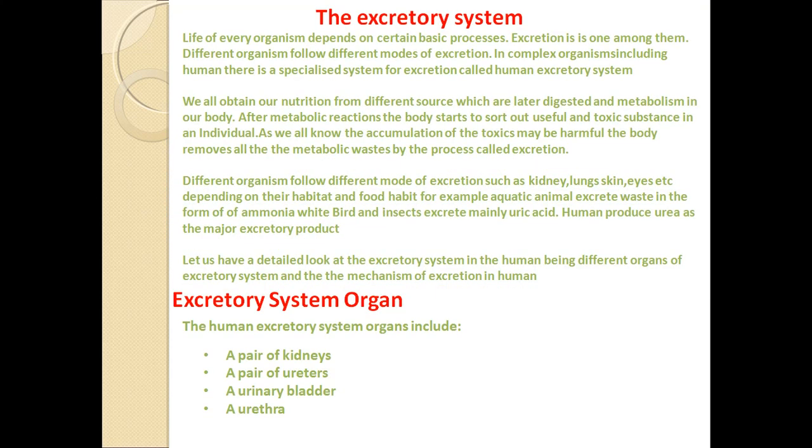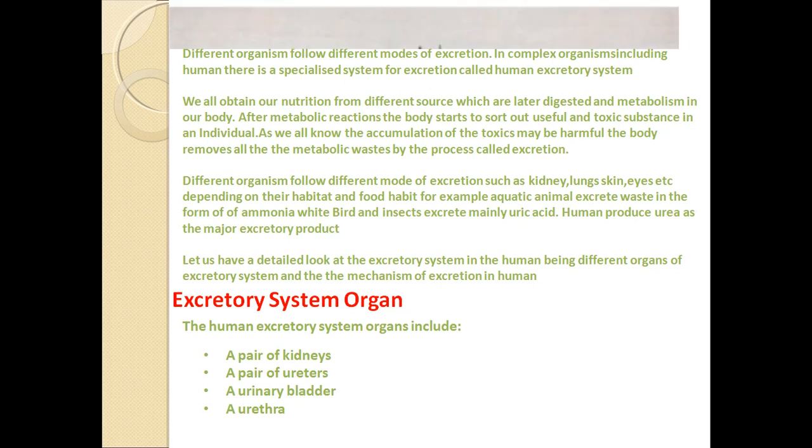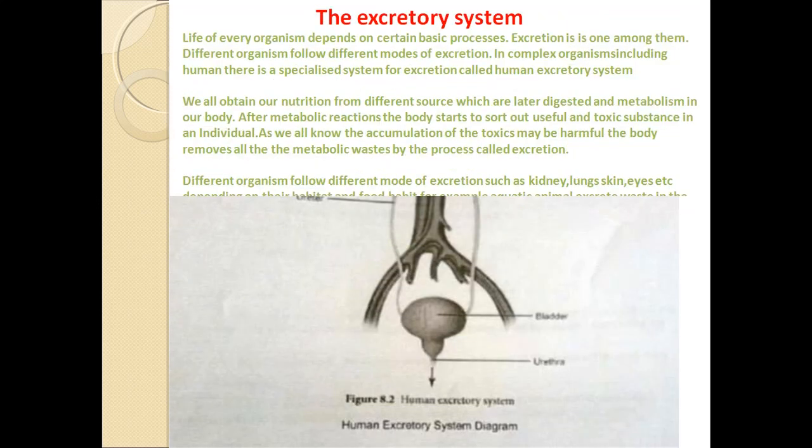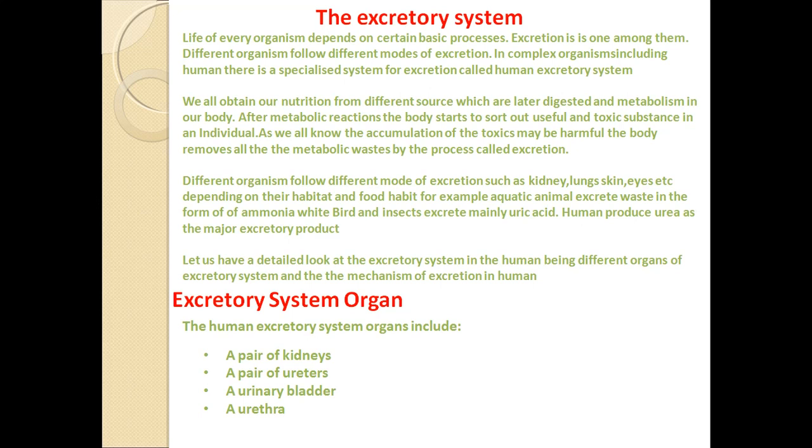So, excretory system. Different organs present in the excretory system will be kidneys, ureters, urinary bladder, urethra, all these are the organs which are helping in the excretion. So, what is excretion?